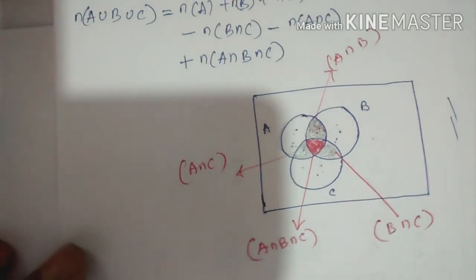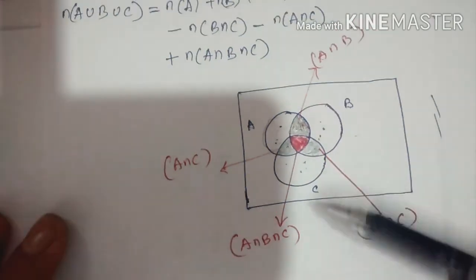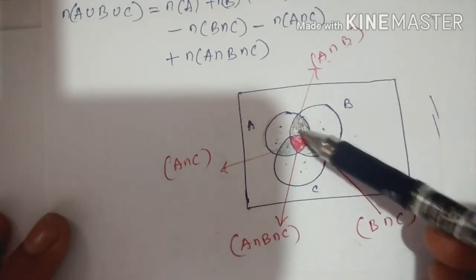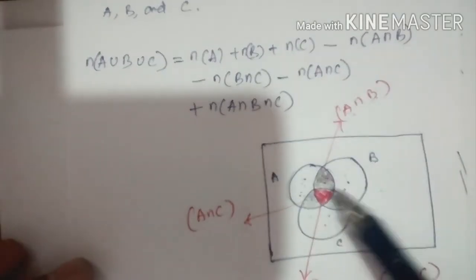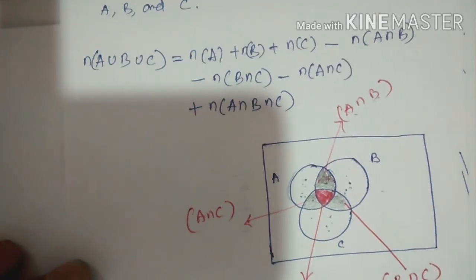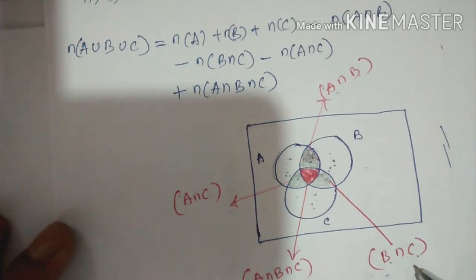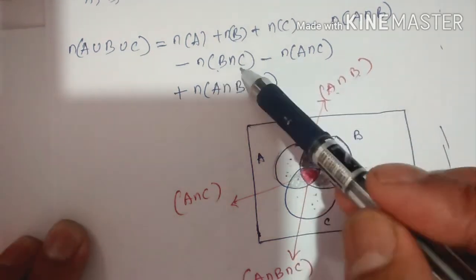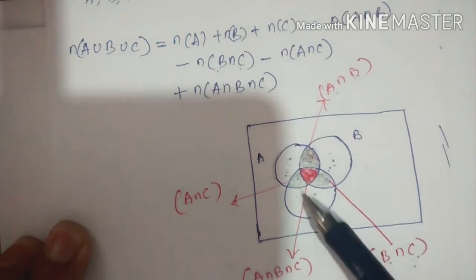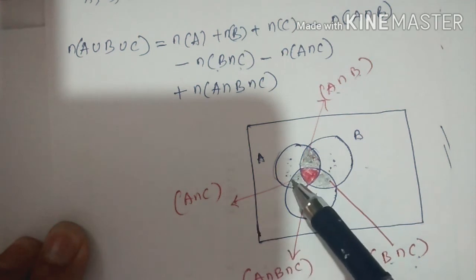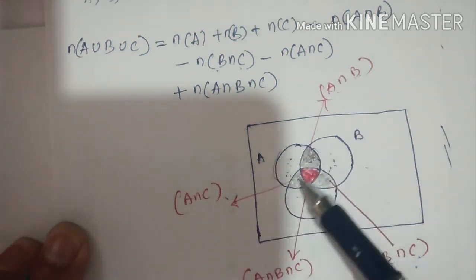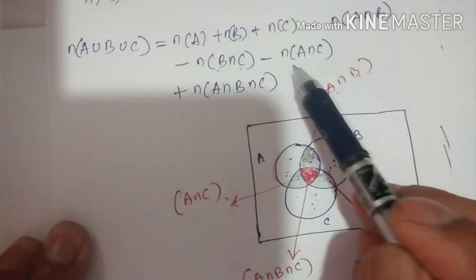So this portion is the A intersection B. As these 2 intersect, this has been counted twice, so we subtract that. And this portion is B intersection C. As we count B and C, this portion is being counted twice, so we'll have to subtract that. And this portion is called A intersection C, because as we count this and this, it has been counted twice, so we'll have to subtract that as well.